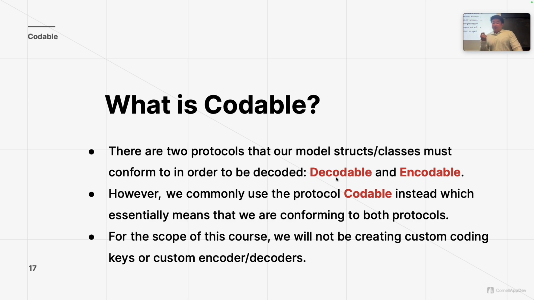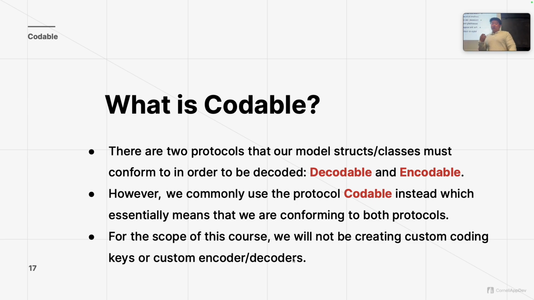That allows you to encode into JSON and decode from JSON. So this is the protocol that allows us to communicate with the backend server, because we're able to convert structs into JSON and vice versa.